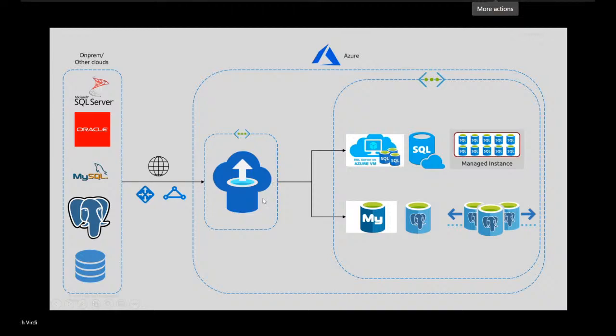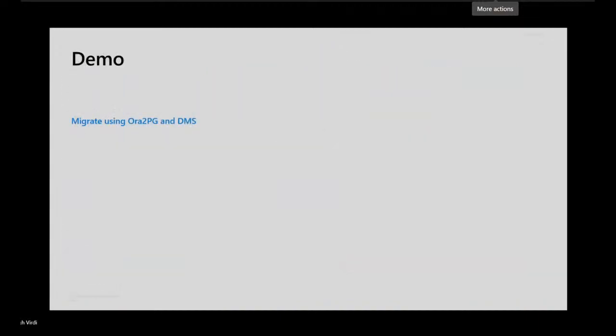Now DMS has the unique capability where it can work on internet, it can work on ExpressRoute, or you can even create a site-to-site VPN between the two, cloud or on-prem versus Azure, and then migrate the data across to Azure databases.